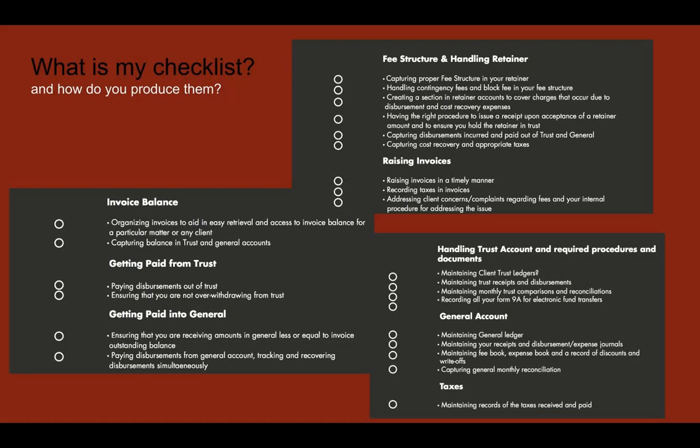You have all the Form 9As generated because you're doing electronic fund transfers from your trust account, so recording all your Form 9As is very important, and you're easily able to generate them if you're using an automated program like uLaw. Even if you have forgotten to generate it, or if you've missed it, you can always go back and do that in a program like ours.